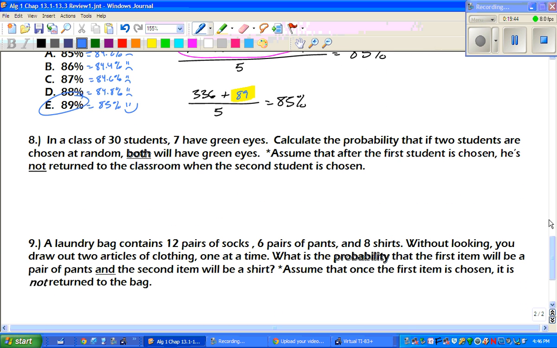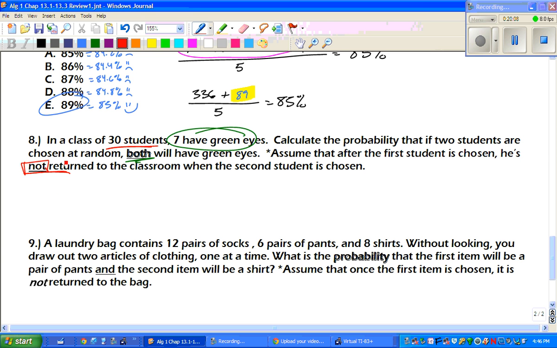All right, number 8. In a class of 30 students, 7 have green eyes. Calculate the probability that if two students are chosen at random, both will have green eyes. And now assume that after the first student is chosen, he is not returned.